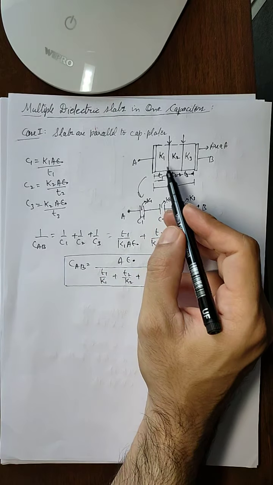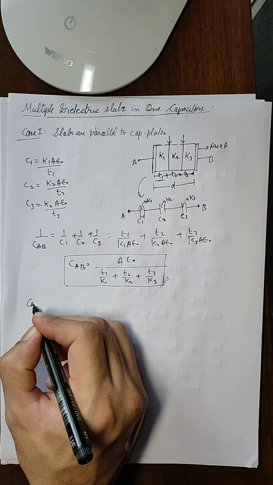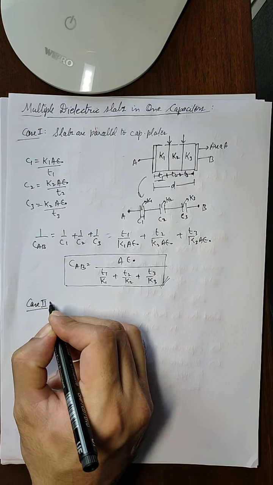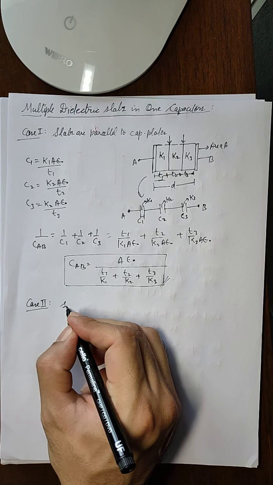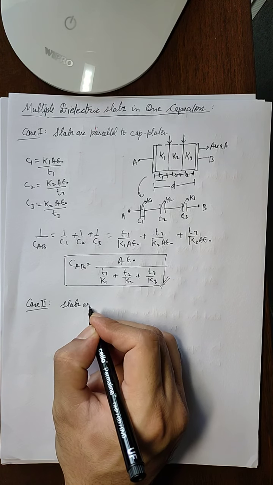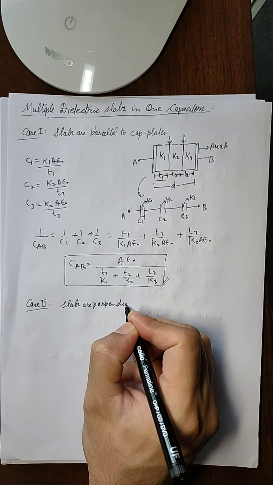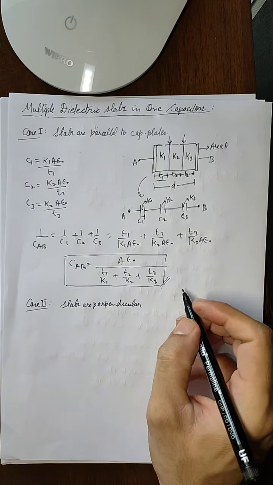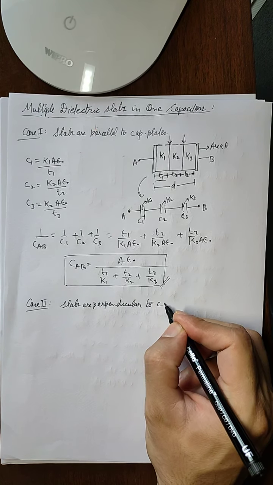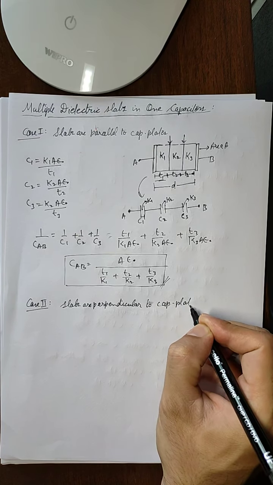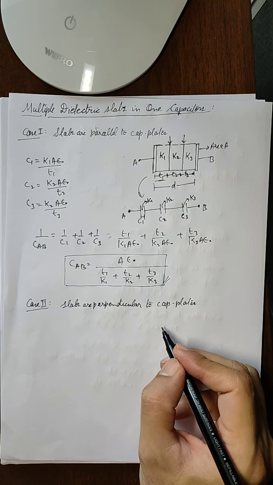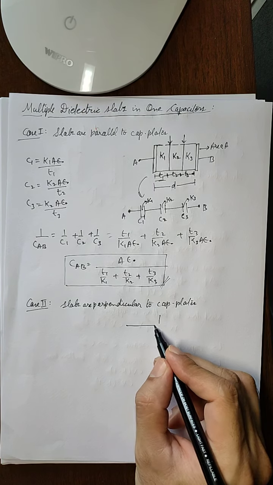Similarly, this filling of dielectric slabs can also be done in a different manner. That will be taken as case 2, when the slabs are perpendicular to the capacitor plates. That will look something like this.